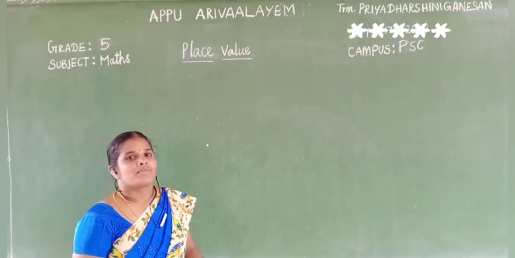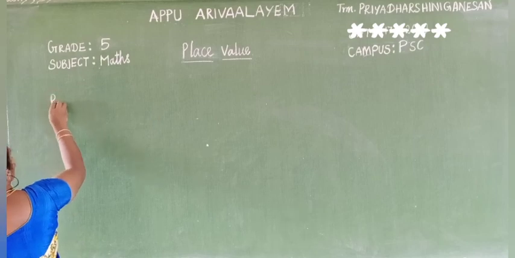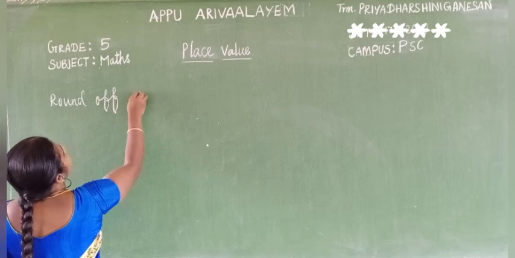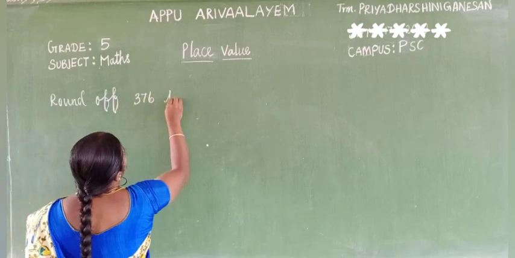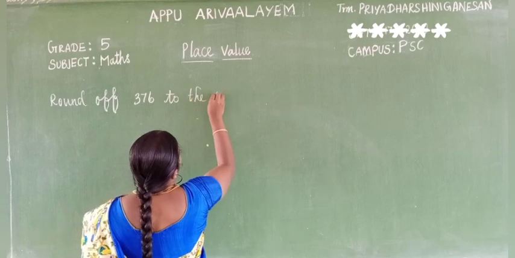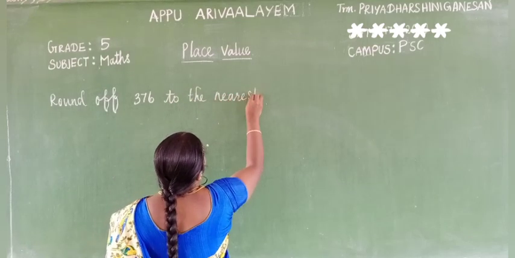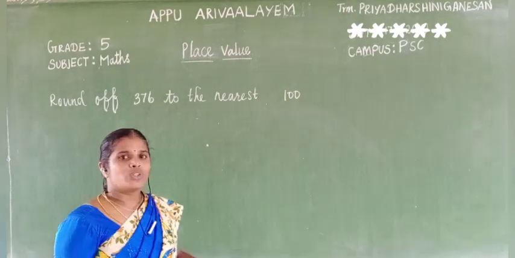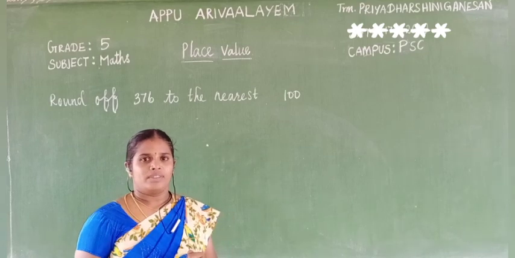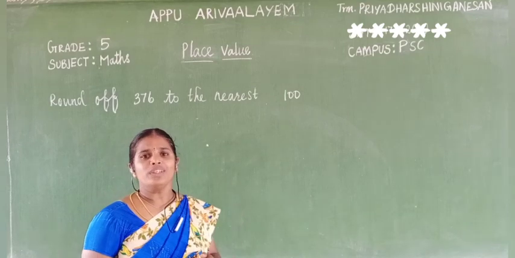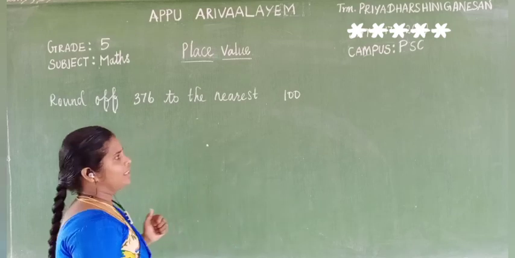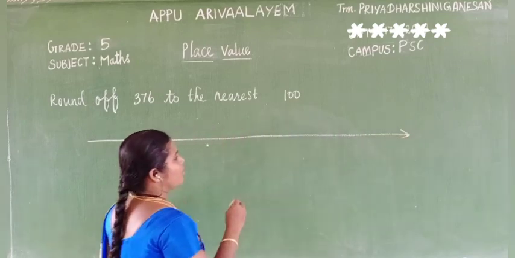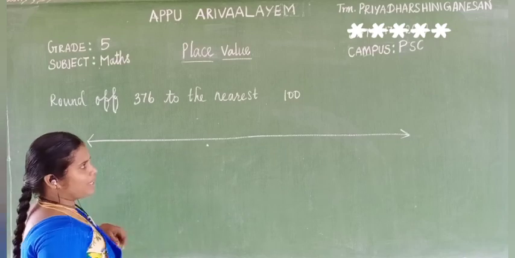Okay, children, listen here. Round off 376 to the nearest 100. First, we need to create a number line. You already know how to create a number line.